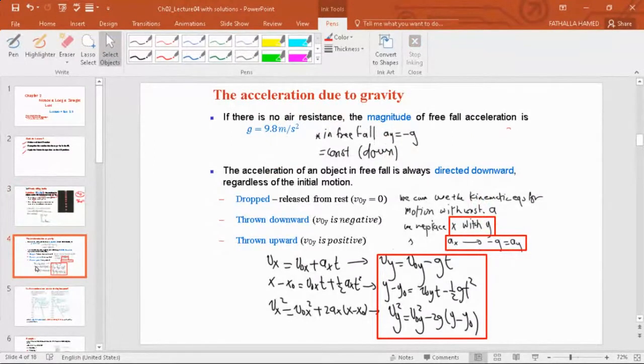Now, in the last lecture, we developed a set of equations, and these equations were developed under one condition, and that condition was that ax is constant. So what happens when we choose the acceleration to be constant? We derived an equation describing velocity as a function of time: vx is equal to v0x plus axt.